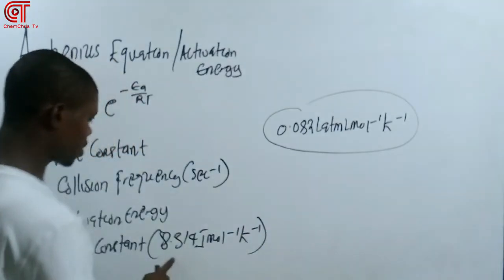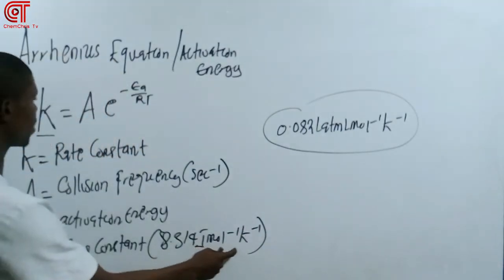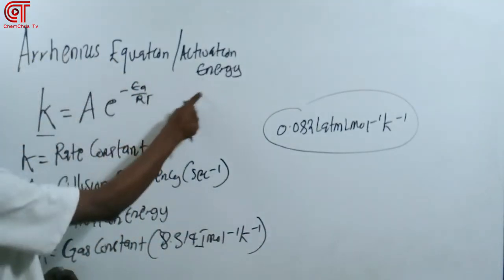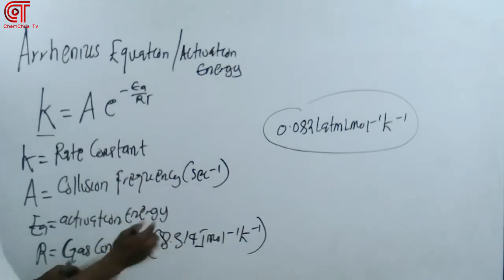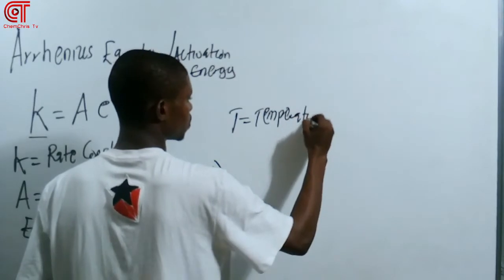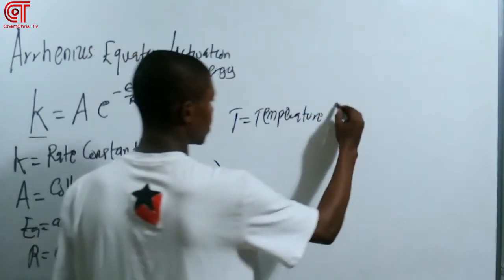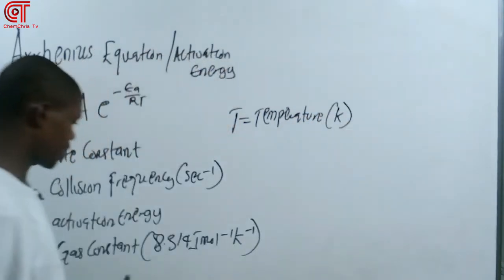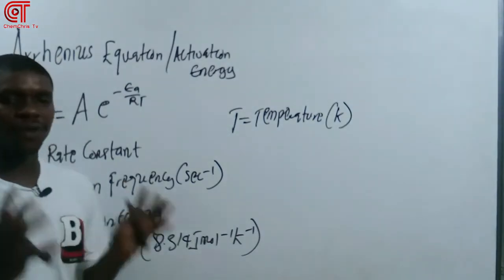The main reason I'm using 8.314 joules per mole per Kelvin is that activation energy involves energy. And temperature is key.